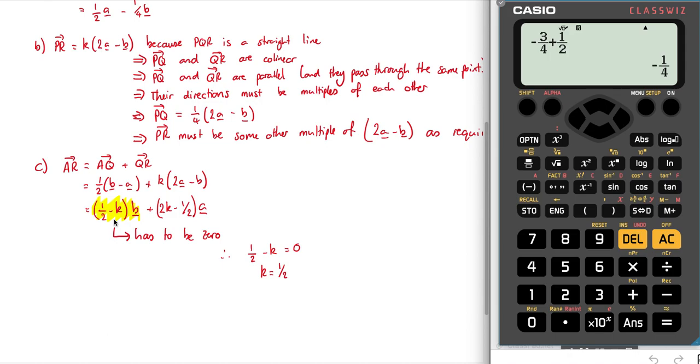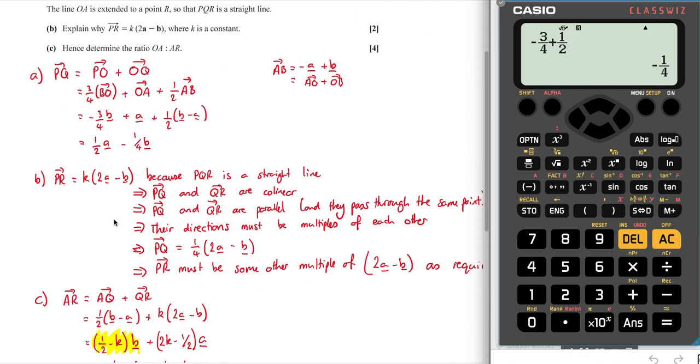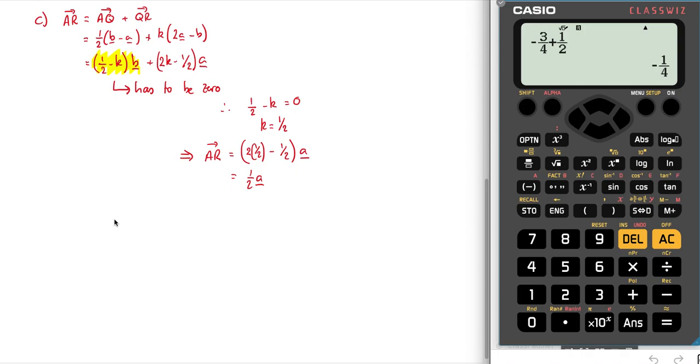So what that therefore means, AR is 2 lots of a half minus a half lots of A, so that's 1 minus a half, so that's a half A. So we can look at this ratio we were asked for, which, double check, is OA to AR.